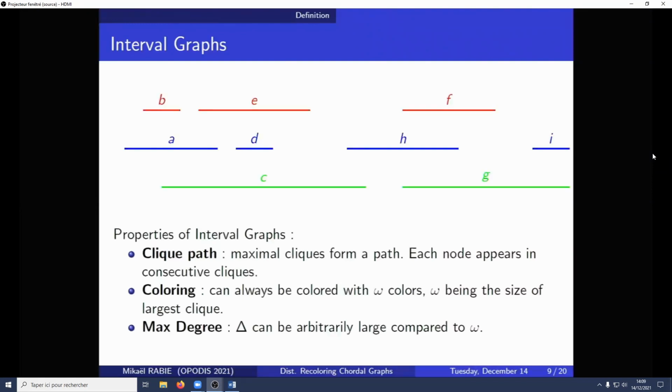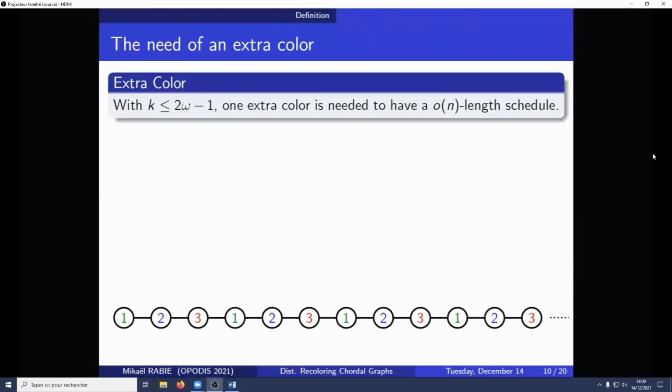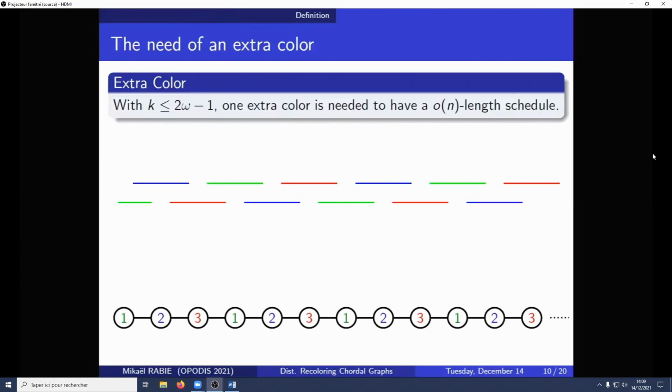Here, for example, we can 3-color the graph, and it's quite straightforward, as I showed with 3 different levels of intervals. Some explanation of why at least 1 extra color will be needed to have sublinear communication: the example will again be the path we saw earlier, the 1, 2, 3, 1, 2, 3 path, because this is actually an interval graph. Without an extra color, a node will need to know its distance to the endpoint to be able to produce a schedule that depends on its distance.